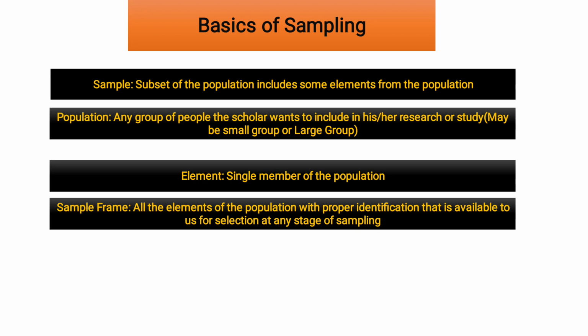So your population is restricted within these two companies, and your population is mid-level employees, right? And sample frame means you should make a list of all the employees' names or IDs, so that you can choose elements, or the mid-level IT employees, from that list only.